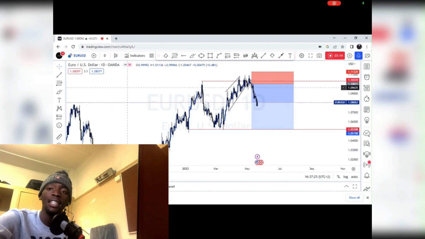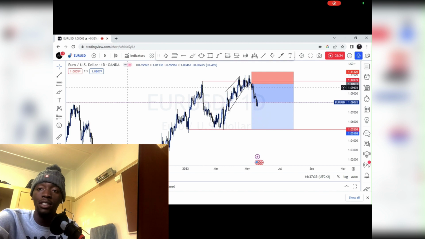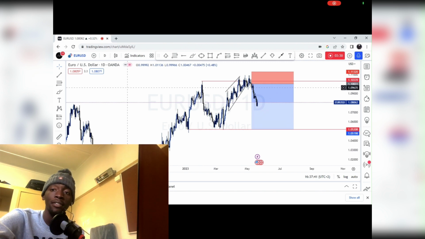So if there is news like that affecting the US dollar, obviously it's gonna cause a shift on the charts. Whatever happens on the outside world has an impact on the charts. So if there's a CPI announcement, and if that announcement yields positive results, that's gonna cause positivity for the dollar on the charts.